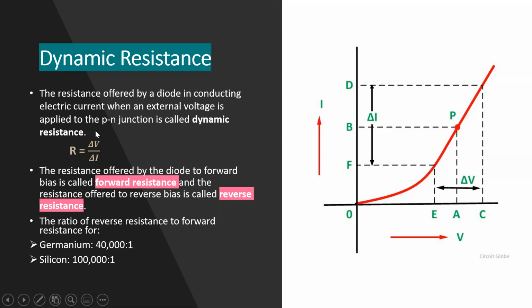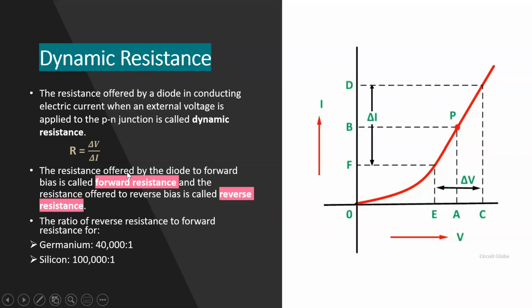So delta V by delta I can be calculated from the graph or the characteristic curve of a PN junction diode. In this figure, we have shown only the forward characteristic curve. You know there can be a reverse one as well.